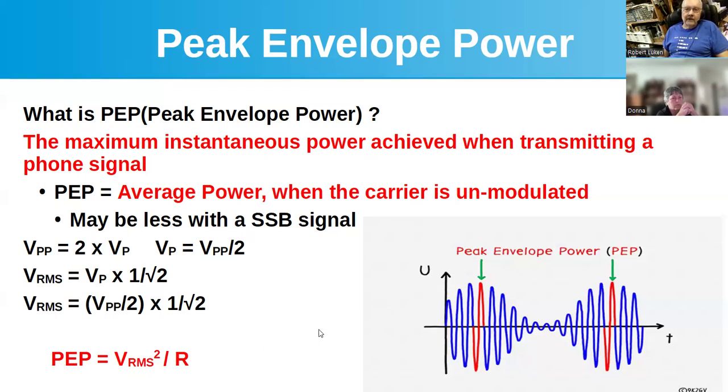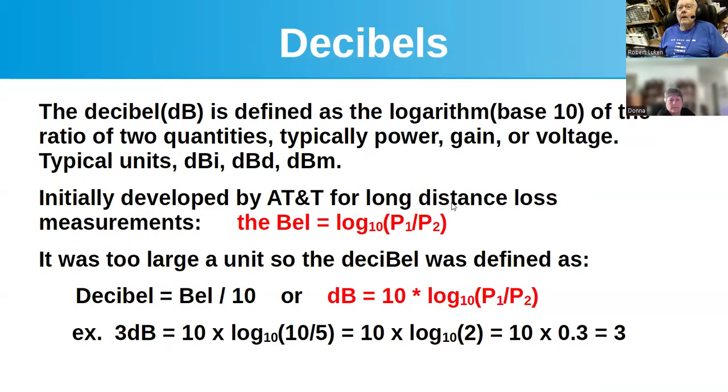It's just one of those things I remember from doing it. So if your peak envelope power is 100 watts, you're putting 70.7 volts across your 50 ohm load, which is 1 over square root of 2.